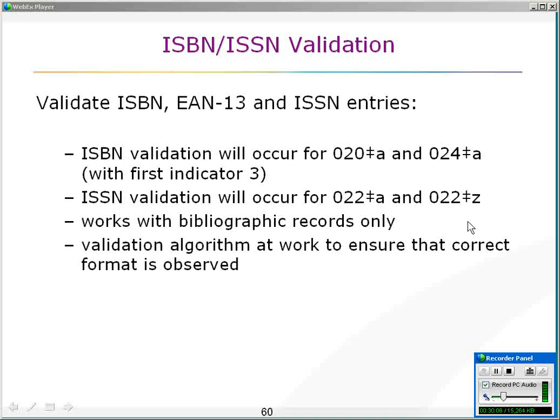And this validation algorithm looks at three things. The first is the ISBN or ISSN of valid length? ISBN needs to be either 10 or 13 digits today. ISSN needs to be 8. There's also a weighted sum that is verified for each character in the number. There's really quite a complicated mathematical formula that goes into building an ISBN or ISSN.